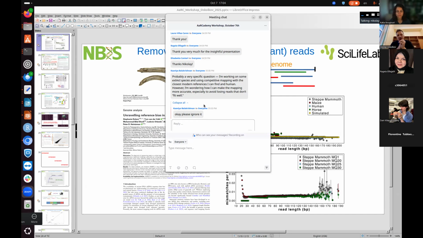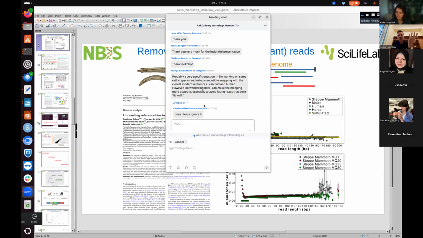But in any case, I would say those reads are riskier in general. So that's a compromise. You maybe would like to keep them, but you have to realize that it's risky.